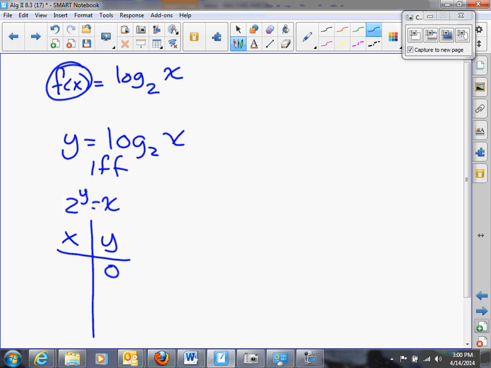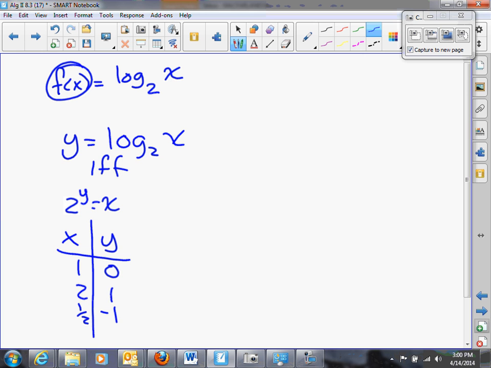If we have y is 0, 2 to the 0 is 1, so x would be 1. Now, let's pick 1 for y. 2 to the 1 is 2, so x would be 2. Let's pick negative 1 for y. 2 to the negative 1, that's 1 over 2 to the 1, or 1/2. So we have these 3 points.